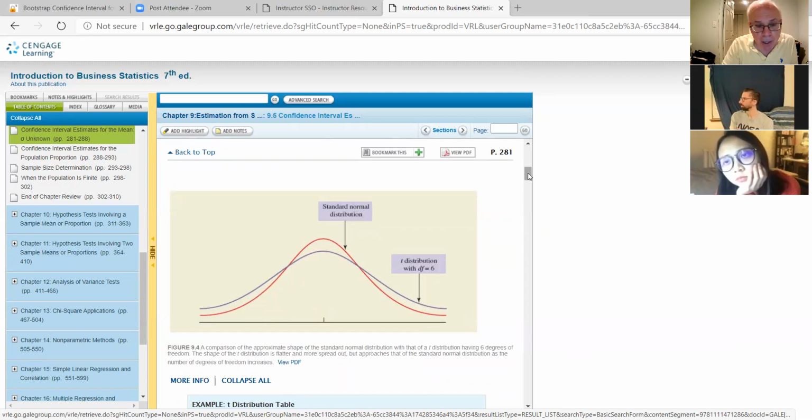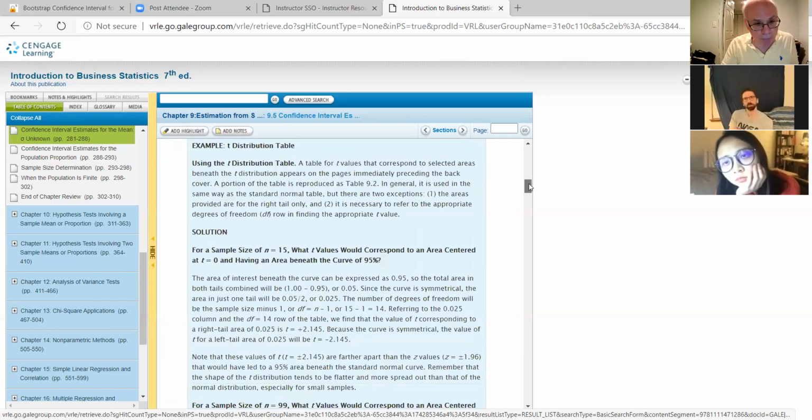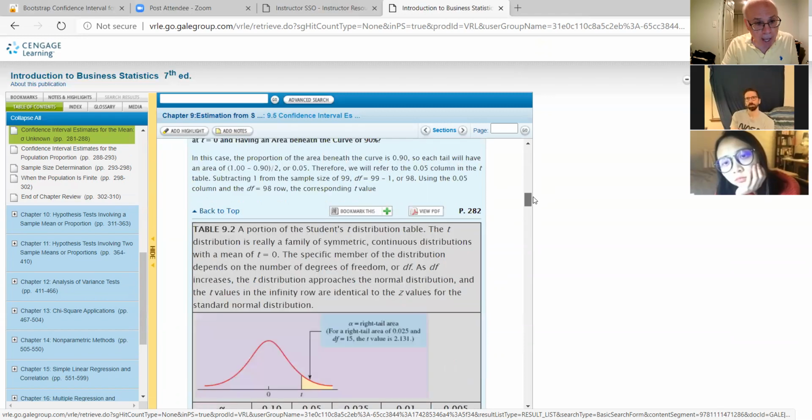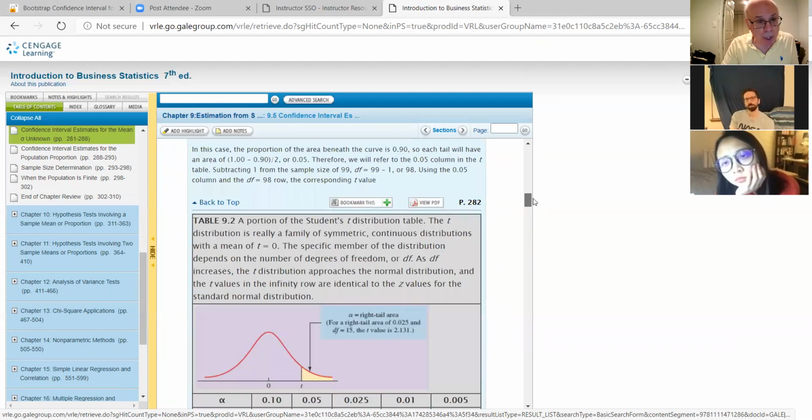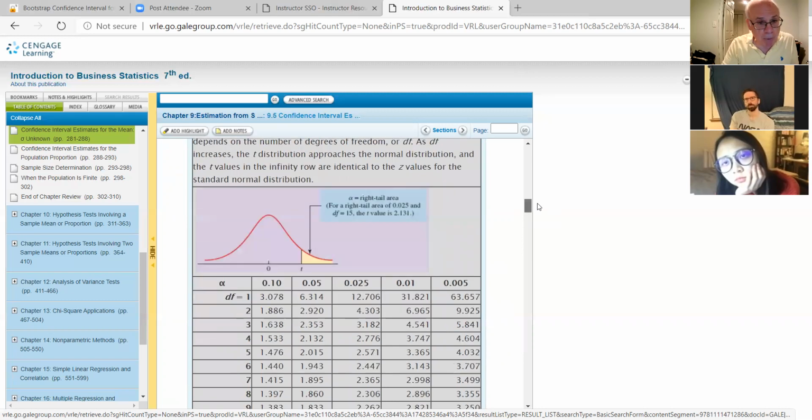Now, just like the standard normal distribution, the t-distribution also has tables that were used for many years before there were computers and software. But now we obviously use software. But they have these tables, and what are these tables?